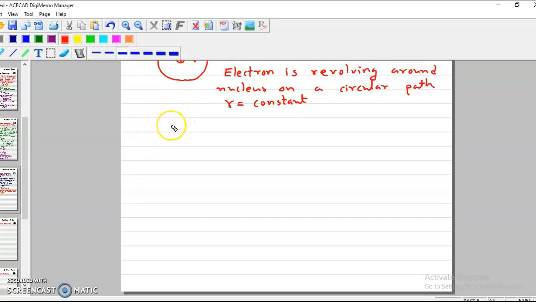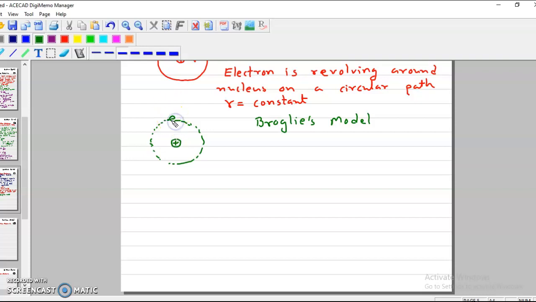Now we will see de Broglie's model. According to de Broglie, the electron has dual nature. That means the electron cannot move around the nucleus on a circular path. Why? Because the electron is a particle as well as a wave.